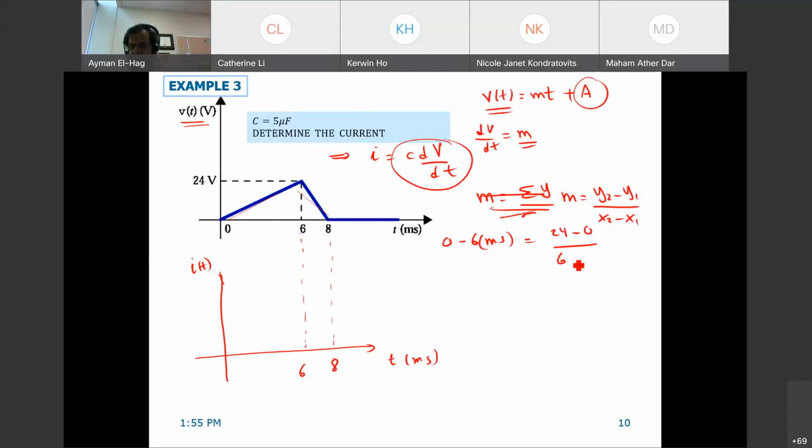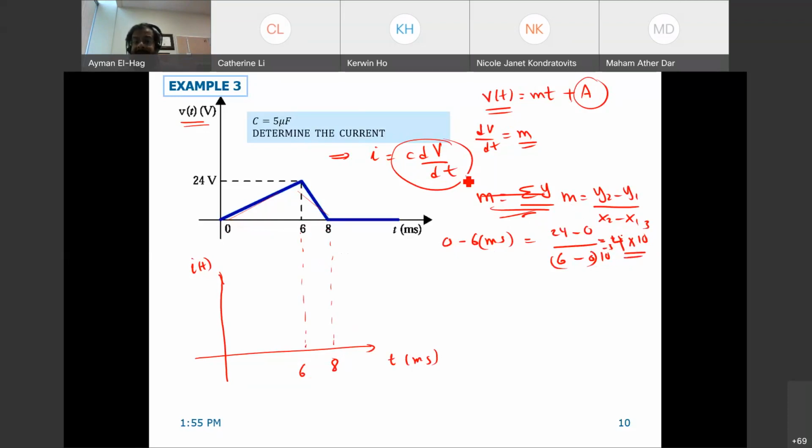Remember, this is millisecond. So this is equal to 24 divided by 6, which is basically equal to 4 times 10 to the power of 3. This is your slope because this is millisecond, so this is equal to 10 to minus 3. So this becomes 4 times 10 to the power of 3.